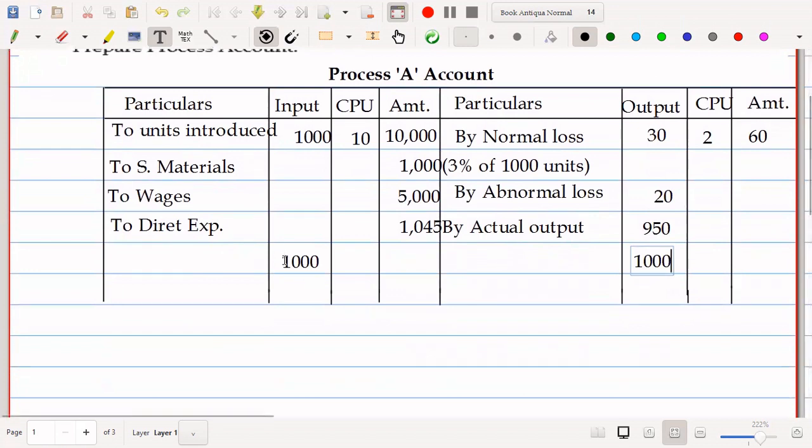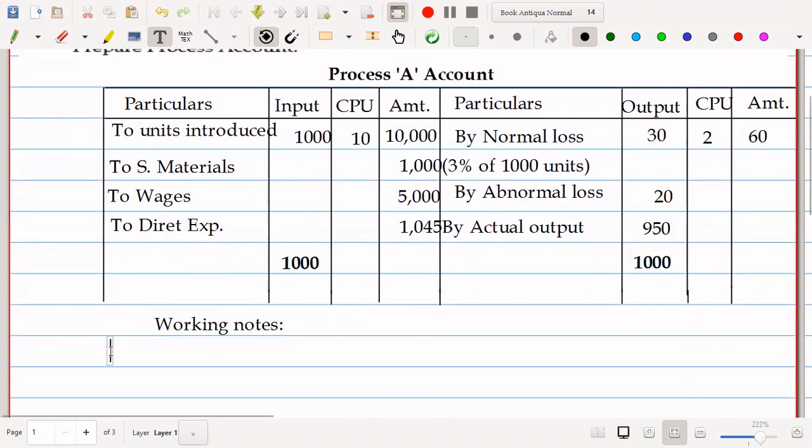So now the totals of input and output, we got it. Let's calculate the amount for this abnormal loss and actual output. For this, we have 3 working notes. It is compulsory for all the processes. The first one is we have to calculate normal output. Let's go for the working notes.